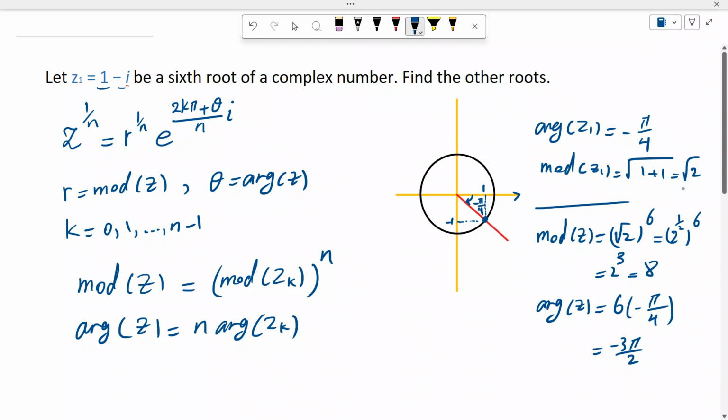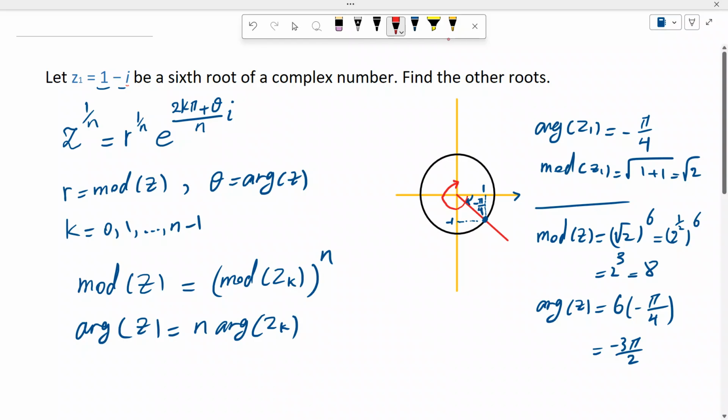However, when we are studying arg z, we show by capital A the smallest angle with respect to the right-hand side of the x-axis. But if we consider this minus 3 pi over 2, if I start from the x-axis, then we can see that from the x-axis up to here we have pi over 2, which since it's in the negative direction is minus pi over 2, minus pi, minus 3 pi over 2.